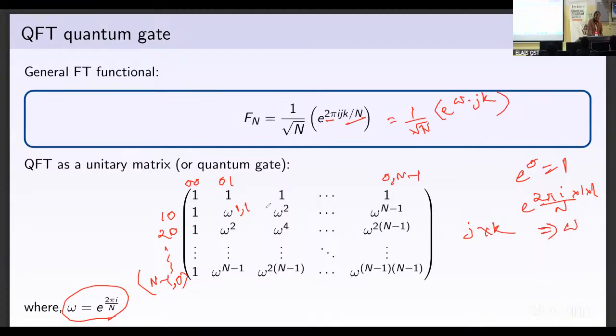Similarly, the next one is the 1, 2 element. So it's omega squared, and so on and so forth.